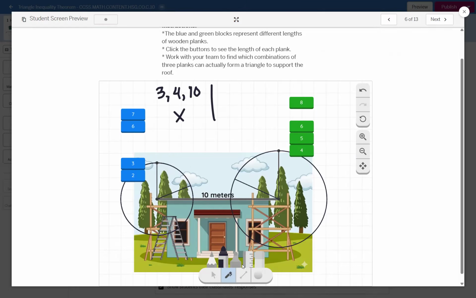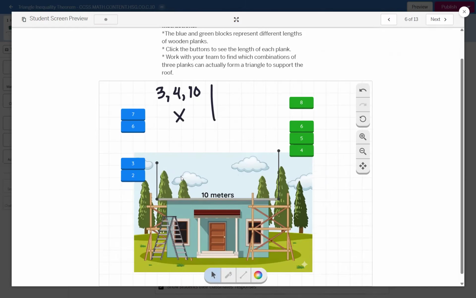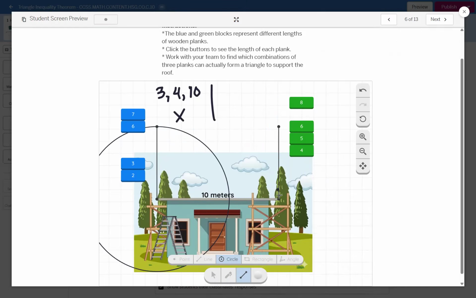Let's try a different number here. So let's erase everything first. We can select this one, and don't worry, the numbers and the buttons will not be erased, no matter how you highlight. Then let's have 6 and another 6. Let's see if we can form a triangle out of the numbers. We click our construction tool, circle again, and another circle.